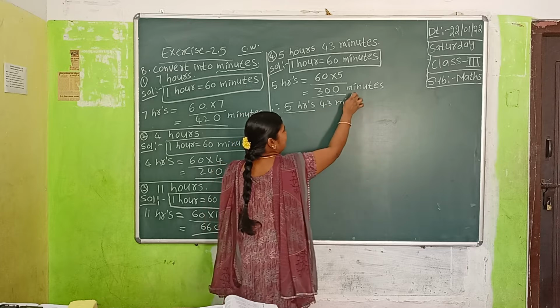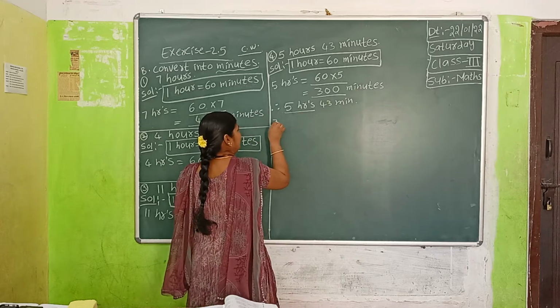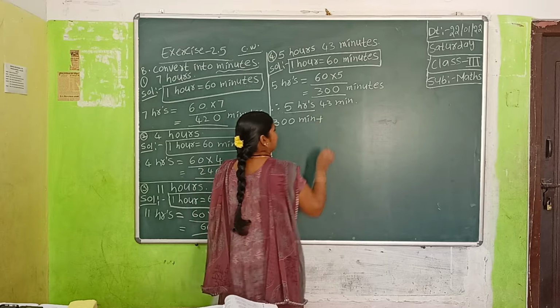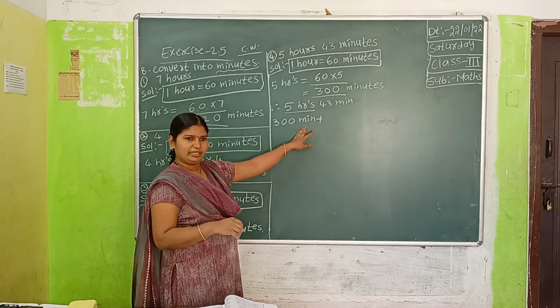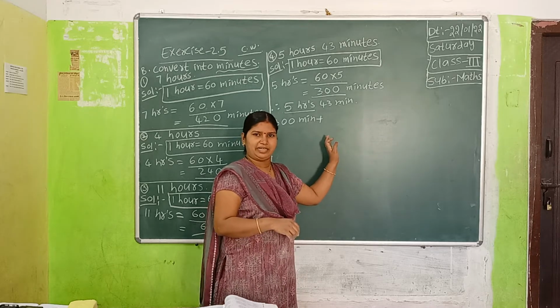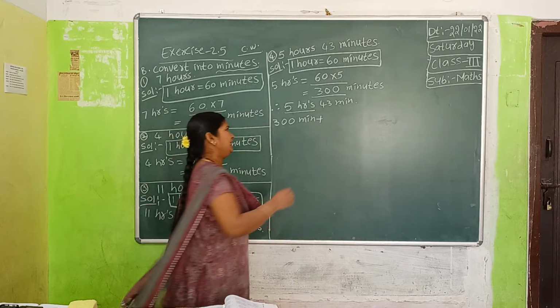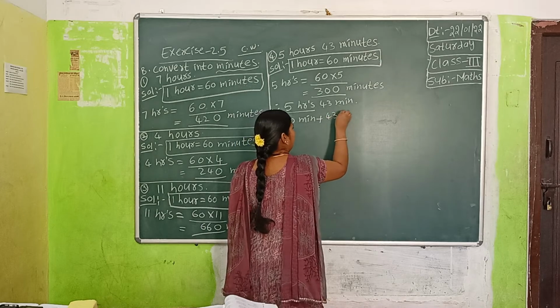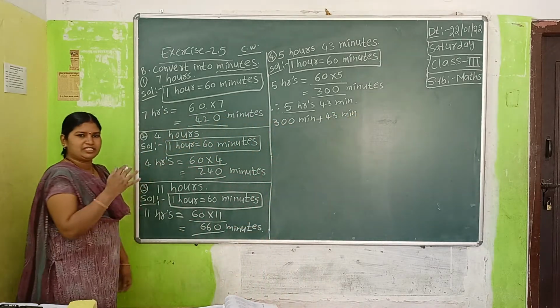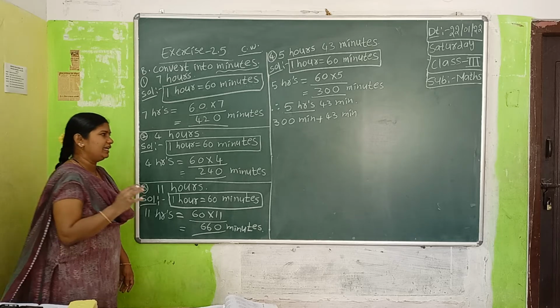Now 5 hours, plus I am writing this answer, that is 300 minutes, plus 43 minutes. Here also we have minutes and here also minutes. The 2 units are the same, so I am going to add directly.